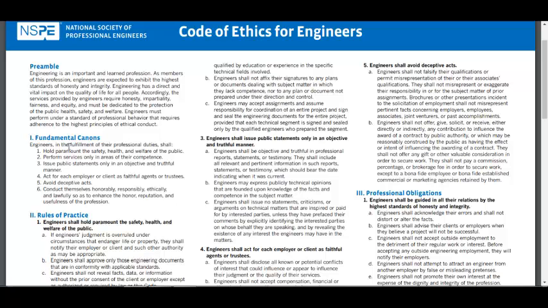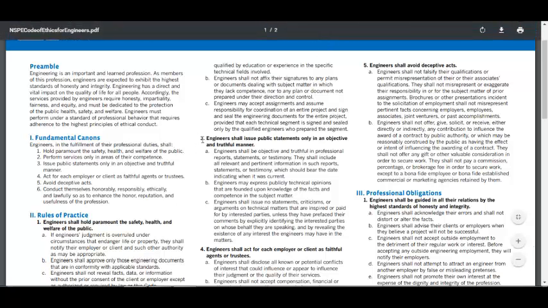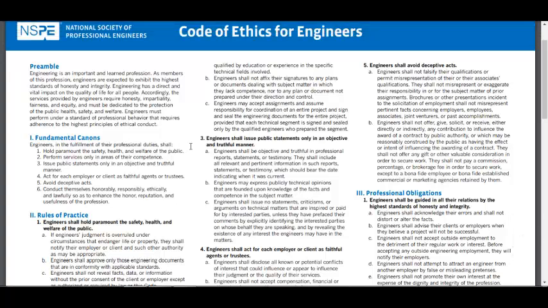The fundamental canons, like 1 through 6, include things like holding paramount the safety, health, and welfare of the public. For an engineer building bridges, cell phones, our heating and cooling systems, our planes, our cars, our space shuttles, that makes sense.